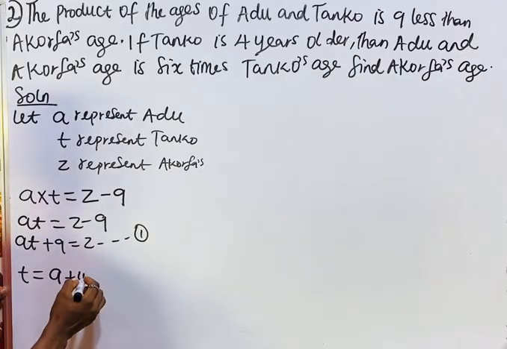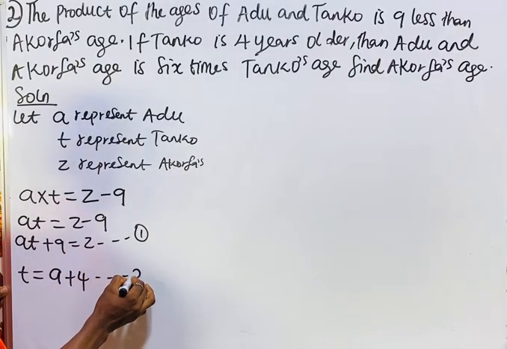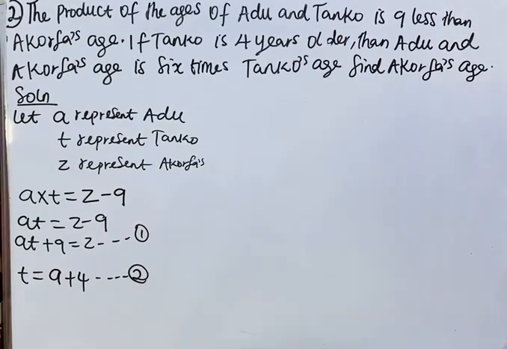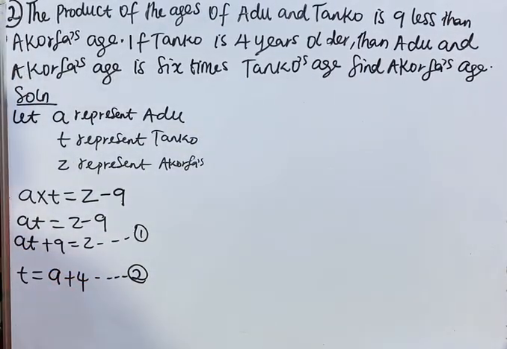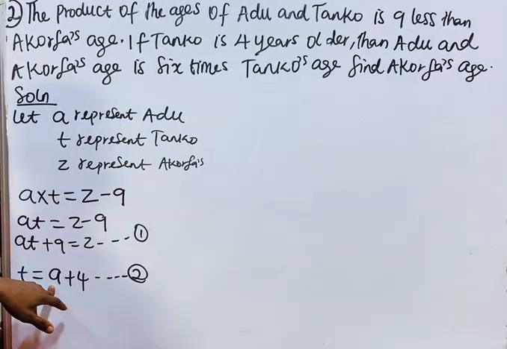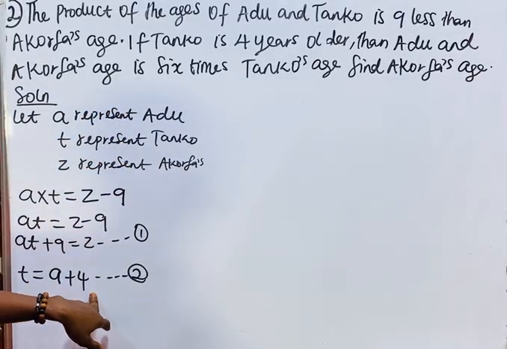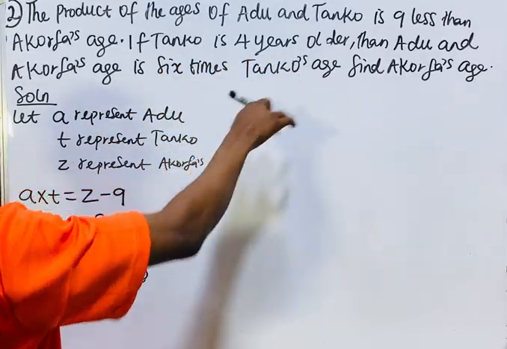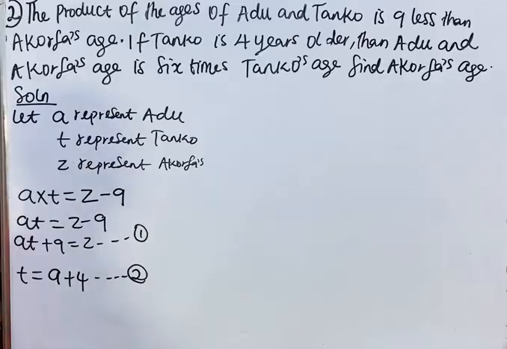So we are going to have equation 2: Tanko is A plus 4, which means that Tanko is 4 years older than Adu.